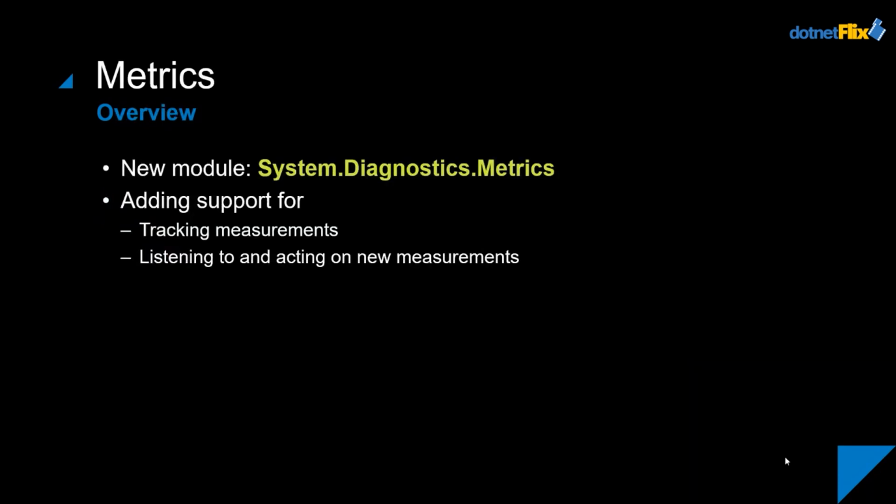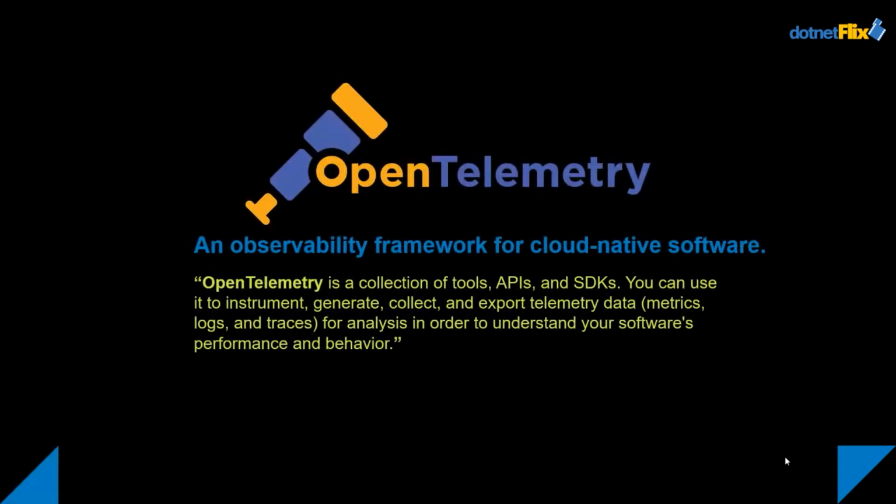The last new feature that I wanted to show you is the System.Diagnostics.Metrics module that they've added to .NET 6, which adds support for tracking and listening to and acting on measurements or metrics. And the way that .NET has implemented this is a bit interesting, because they have implemented the OpenTelemetry metrics API.